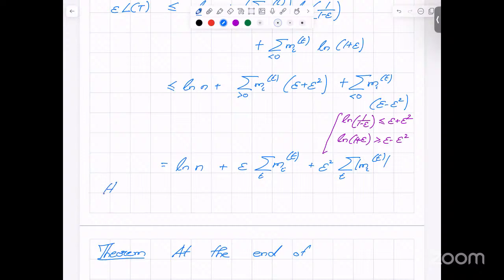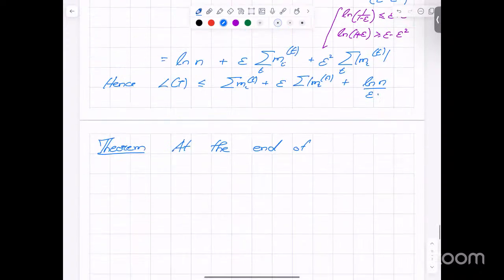Hence, LT is less than or equal to epsilon MIT plus epsilon times plus ln n, to the end of t steps, the expected cumulative cost.